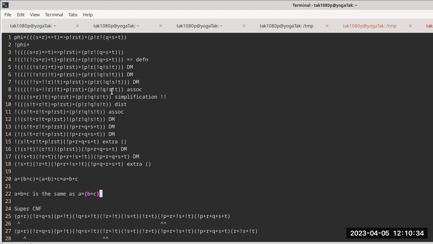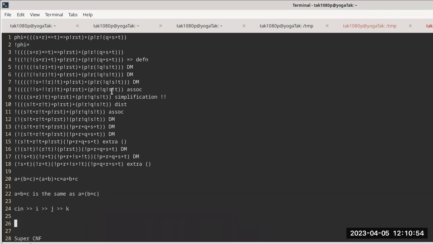On the other hand, the less than and the greater than, I cannot remember the technical name of those operators. When you use cin and cout, those are specifically left associative. So when you say cin to i to j to k, this is really the same as cin to i, then to j, then to k.